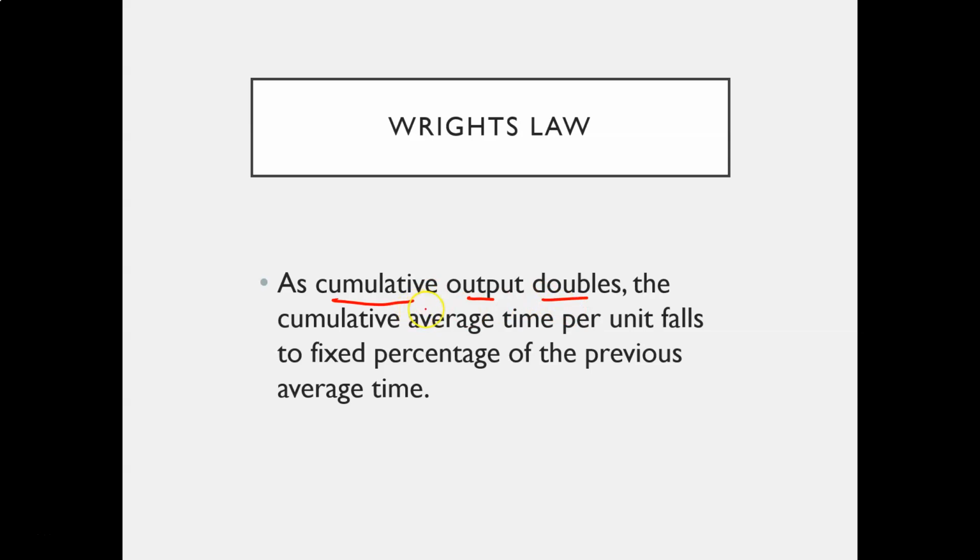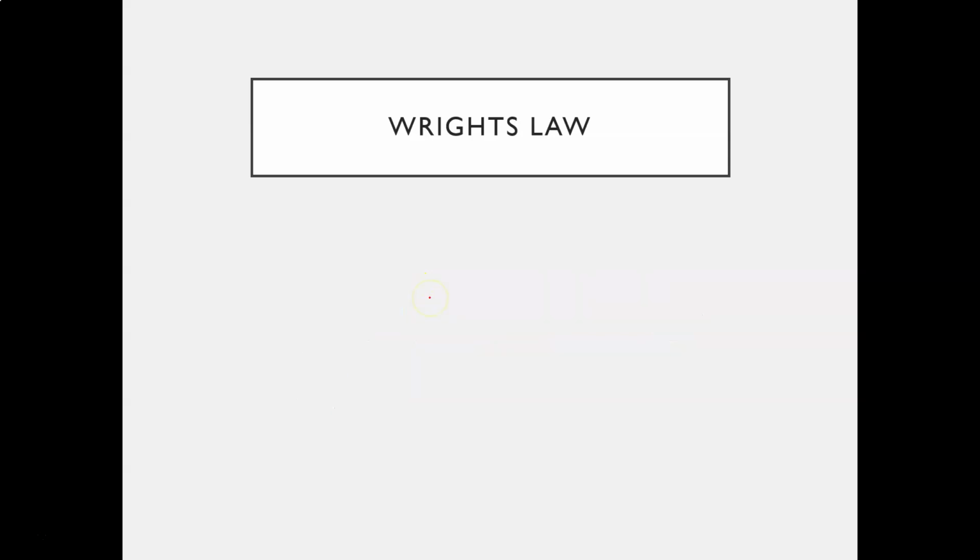The cumulative average time, it's the average time I'm interested in, falls to a fixed percentage of the previous average time. It falls to that same percentage of the previous average time of output. Very straightforward, and we'll see what I mean.